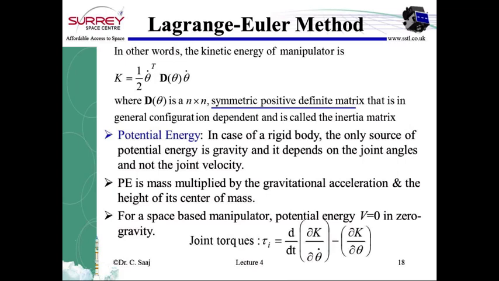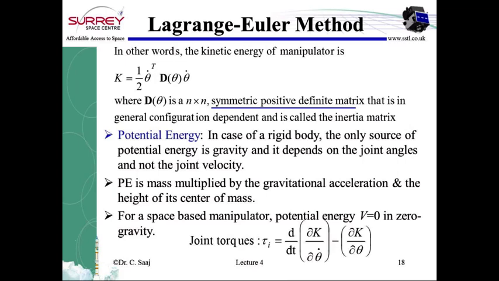Thus we see that the Lagrange-Euler equation of motion is a second order differential equation, and it is a coupled, highly nonlinear equation because it takes into account the coupling between the different joints, and of course this model takes into account the inherent nonlinearities of the system.